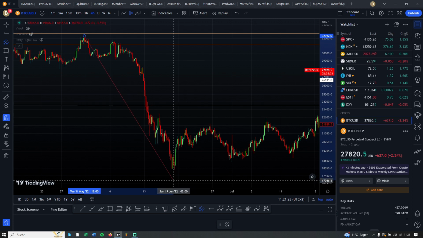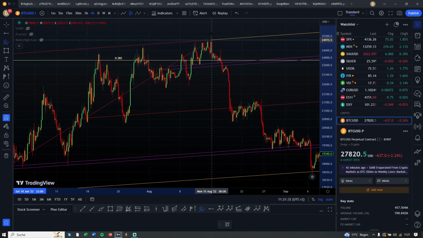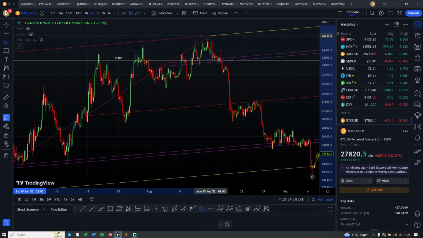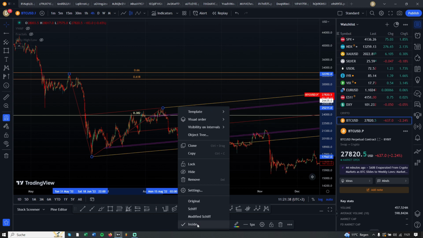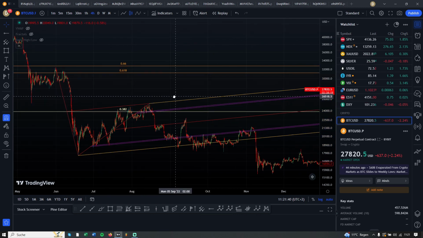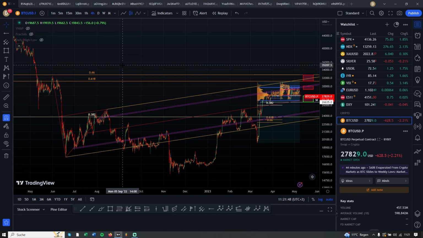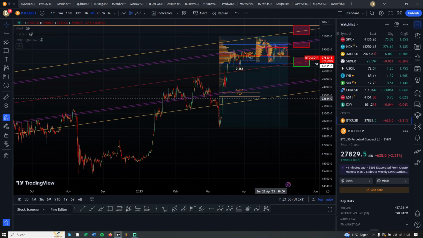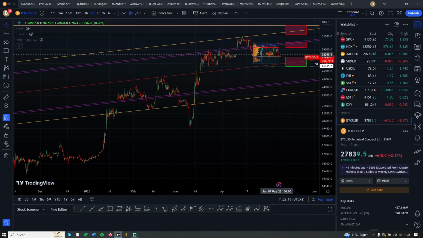I really like the inside pitchfork to pull from different levels on the charts. This is the inside pitchfork, you can see it here. And here I have also selected 618 and 0.66 fib level. And here you can see, let's just delete all of these levels here, which are not important right now.